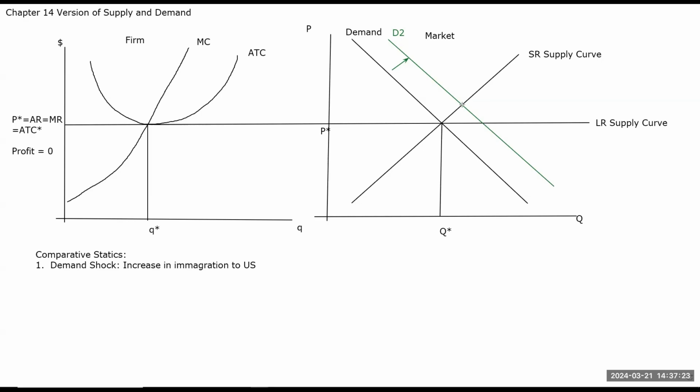We're going to have Q double star. So what we see right now is when we have the demand shock, demand increases outwards and quantity at the marketplace increases, as well as the price.